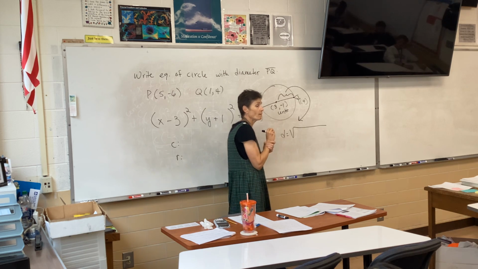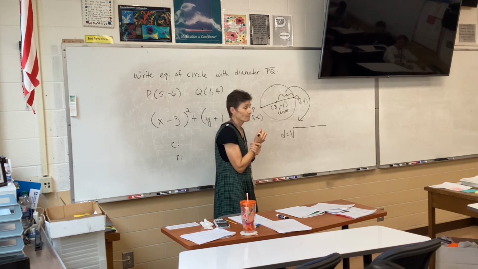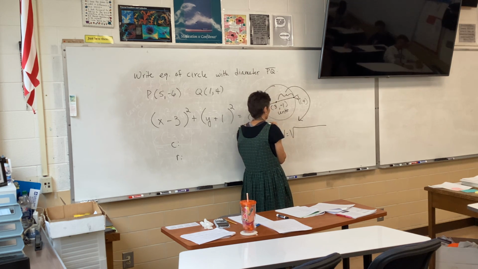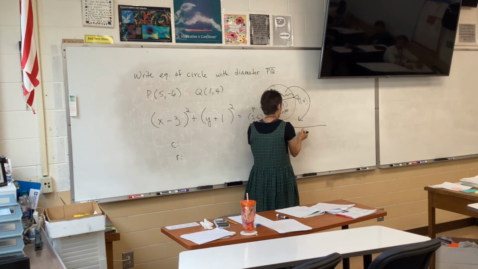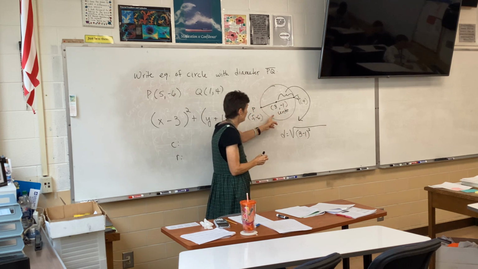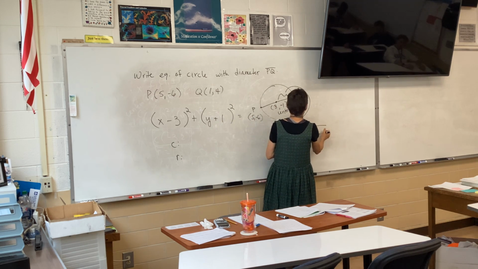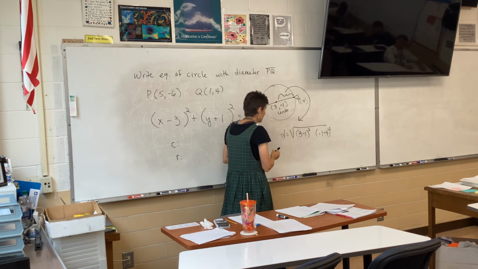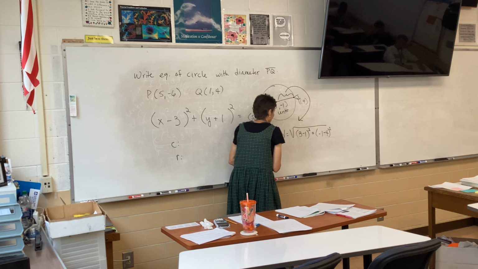How does that work? Who remembers? It's going to be x minus, or yeah, x minus, like, okay, wait a minute. It'd be like 3 minus 1. So it's your x minus your x squared. And then your y minus your y squared. And then we're going to add those together, right?